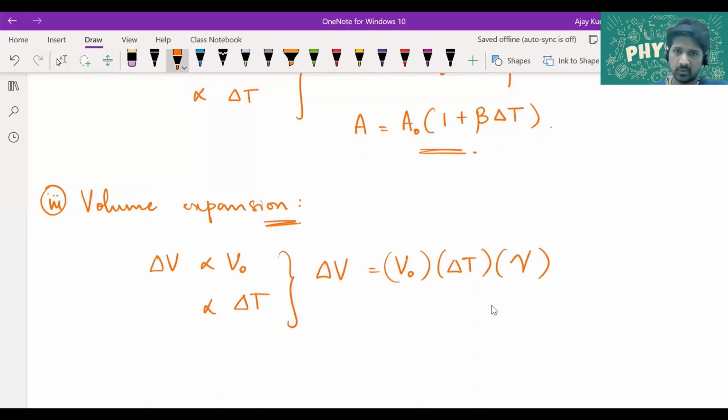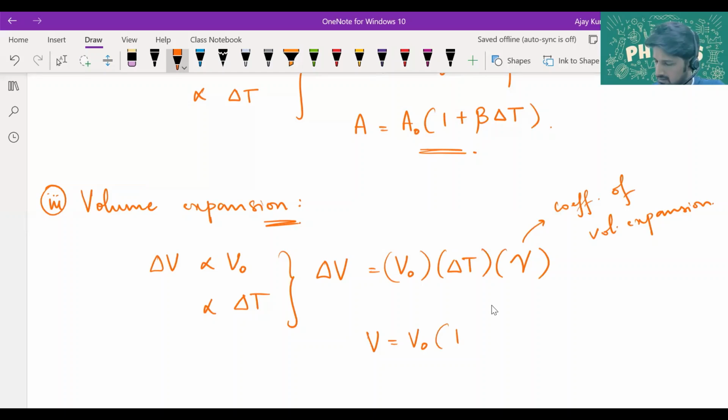We denote it by the symbol gamma. This is called coefficient of volume expansion or thermal coefficient of volume expansion. So you can write final volume is initial volume into 1 plus gamma delta T.